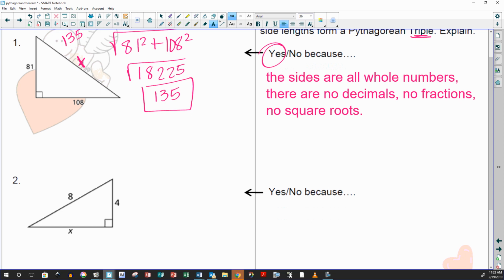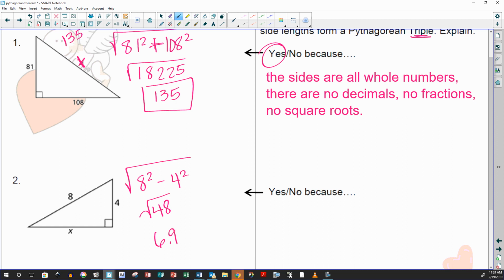All right, so the next one, since I know the hypotenuse, I'm going to subtract this time. Subtract when you know the hypotenuse? No: add when you're looking for the hypotenuse, subtract when you're looking for a leg. So this is 64 minus 16, so the square root of 48. When I take the square root of 48, I get 6.9.